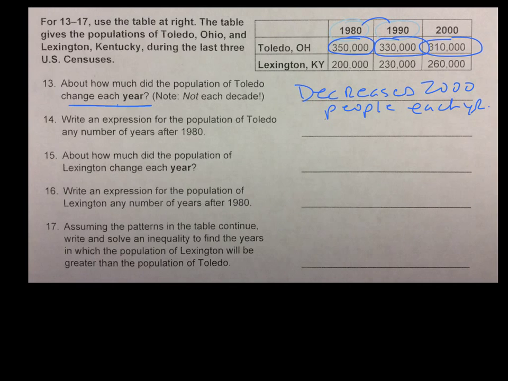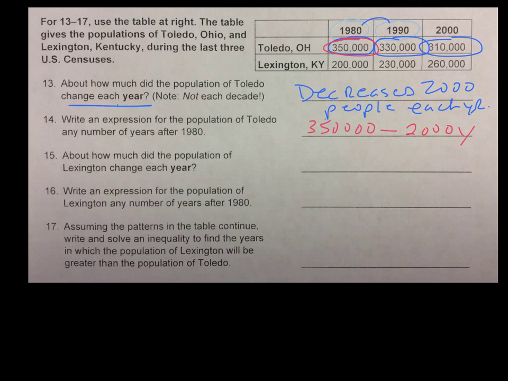Now, write an expression for the population of Toledo. Well, in this case, I could simply say that I'm going to start off with 350, so 350,000, and we're decreasing by 2,000 people each year. And that's the expression I could use.